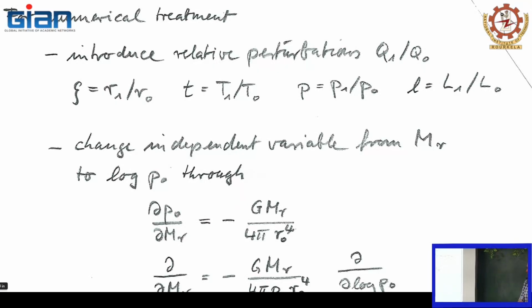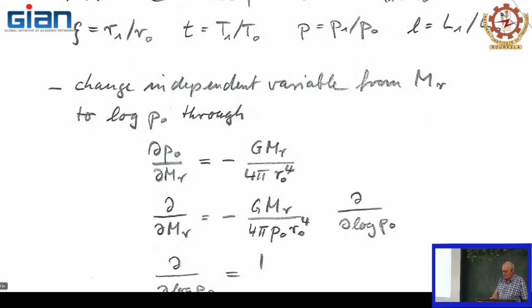By comparing the differentials, the transformation is done: d by dmr is transformed through a factor times d by d log p0. The factor which connects the derivatives with respect to mass and the logarithm of the background pressure is given by G mr over 4 pi p0 times r0 to the fourth power.